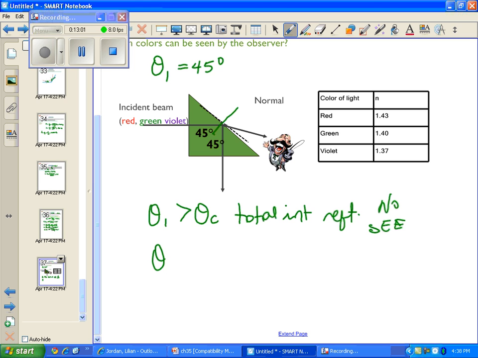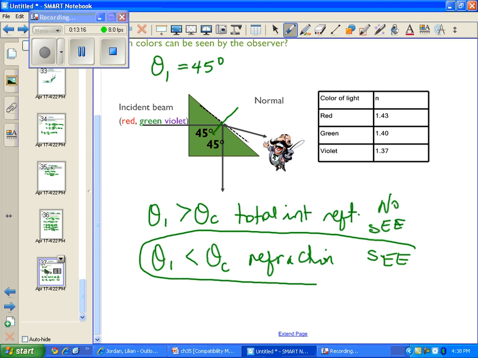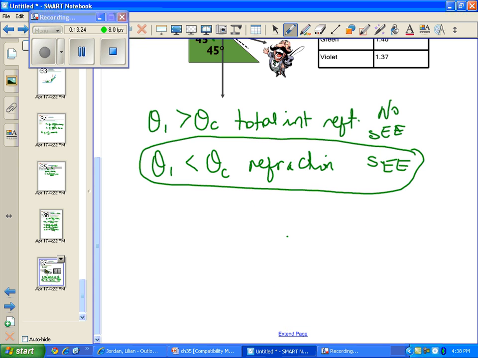When theta 1 is less than the critical angle, then we get refraction, and what that means is that the man will see. So for us, any value of critical angle which is less than 45 degrees means that our man will see the color. So let's go ahead and calculate the critical angle for each of the wavelengths.